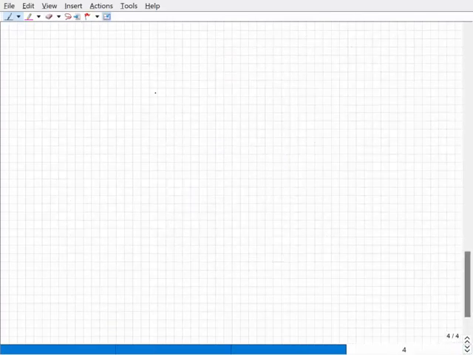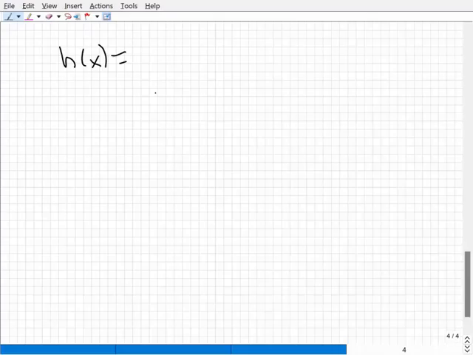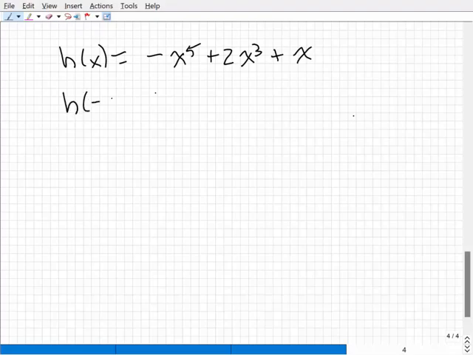So h of x equals minus x to the fifth plus 2x cubed plus x. So I can tell you right now this one is odd, because if I replace x with negative x, I'm going to get exactly the negative of the original function.